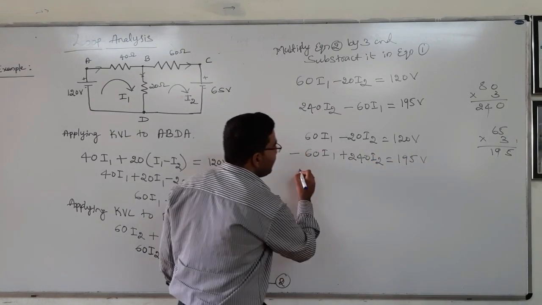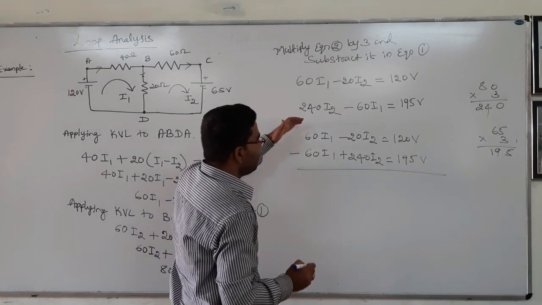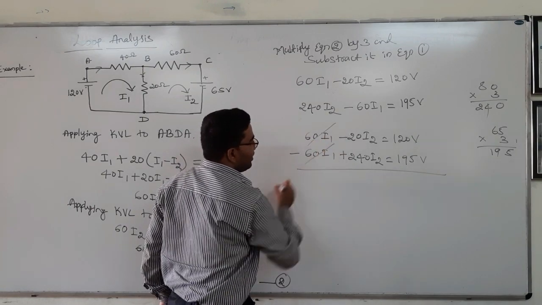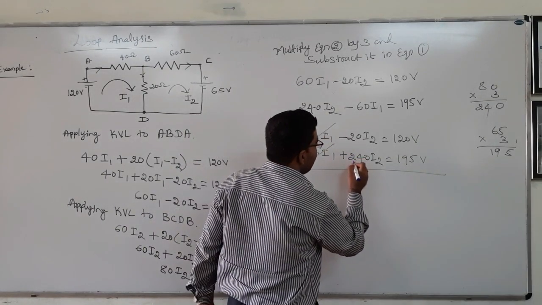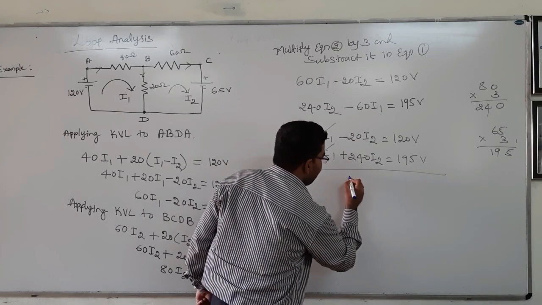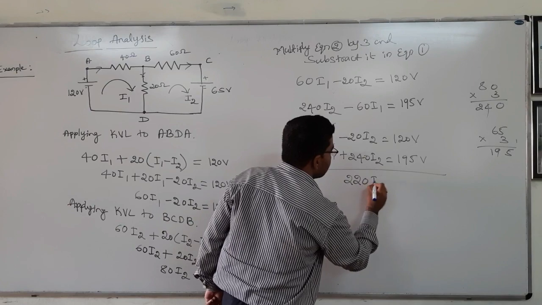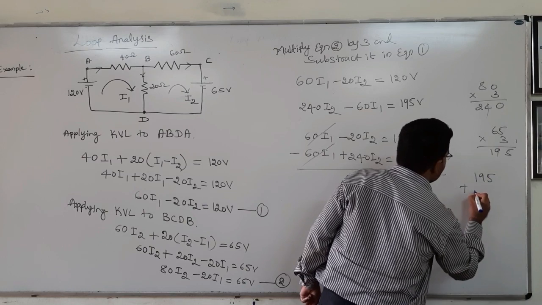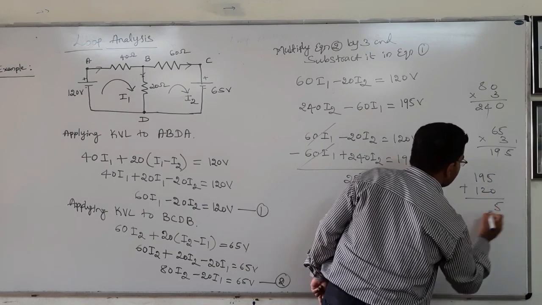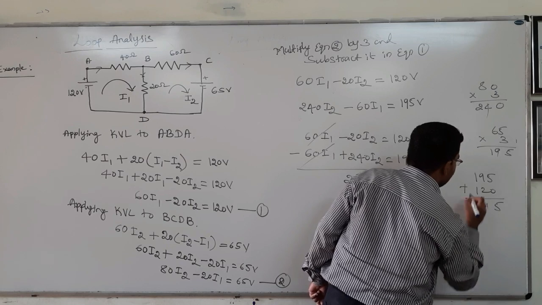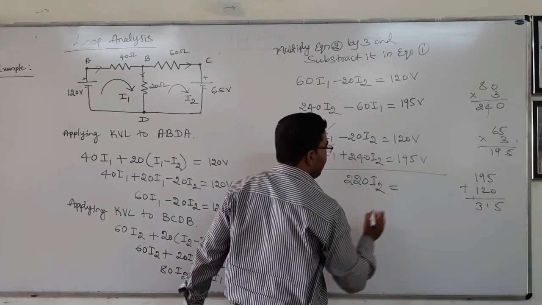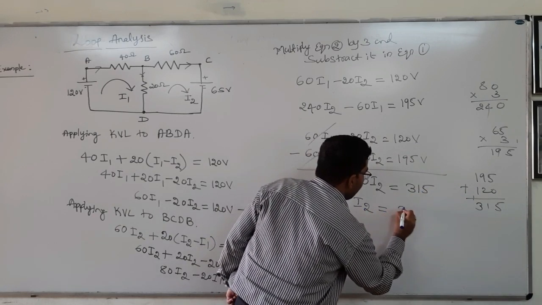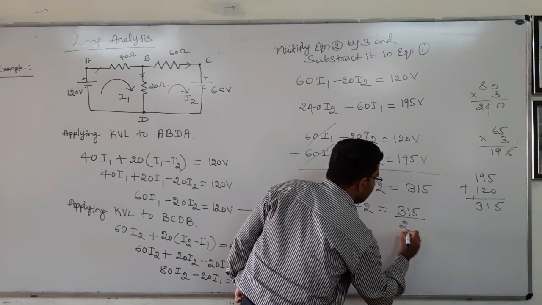Then plus 60 I1, then minus 60 I1 cancels out, then 240 minus 20, you will get 220 I2, then 195 plus 120, you will get 315, so I2 equal to 315 divided by 220.